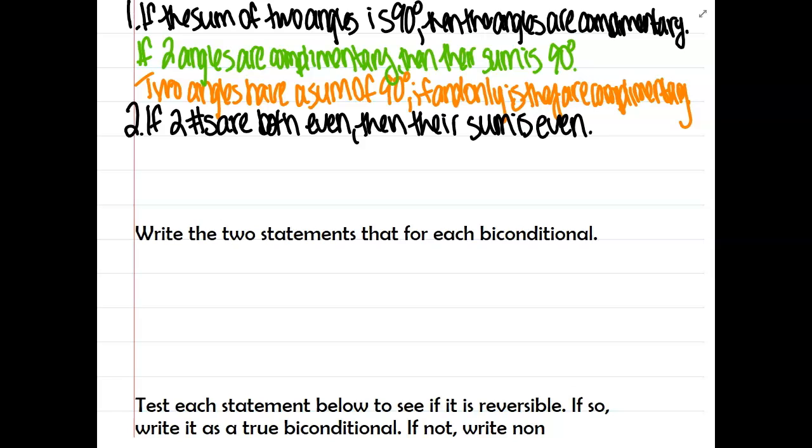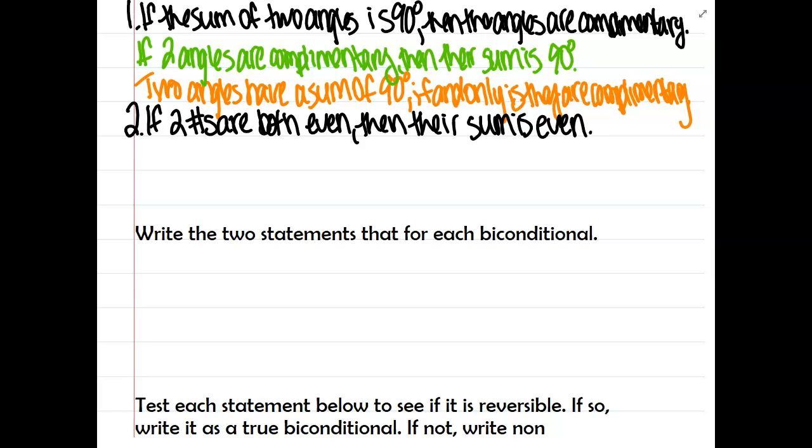Now we know it's true because they told me it's true, but it is true. Two even numbers, 2 plus 4, it's going to be even every time. Now, before we can write it as a biconditional, we need to check if I'm able to, so I need the converse.